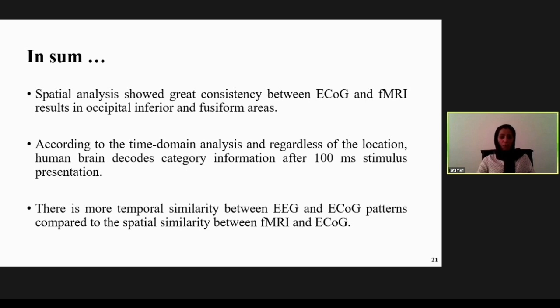According to the time domain analysis, regardless of the location, the human brain can decode category information after 100 milliseconds of stimulus presentation. There is more temporal similarity between EEG and ECoG patterns compared to the spatial similarity between fMRI and ECoG.